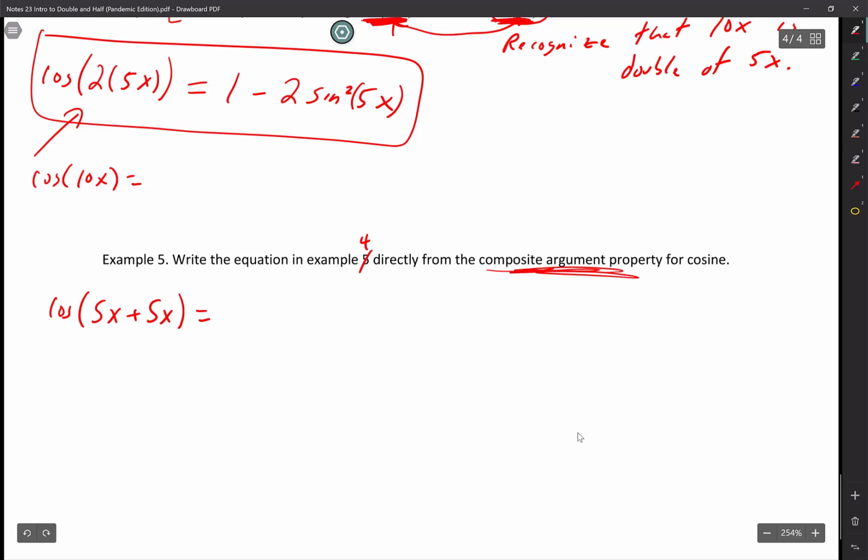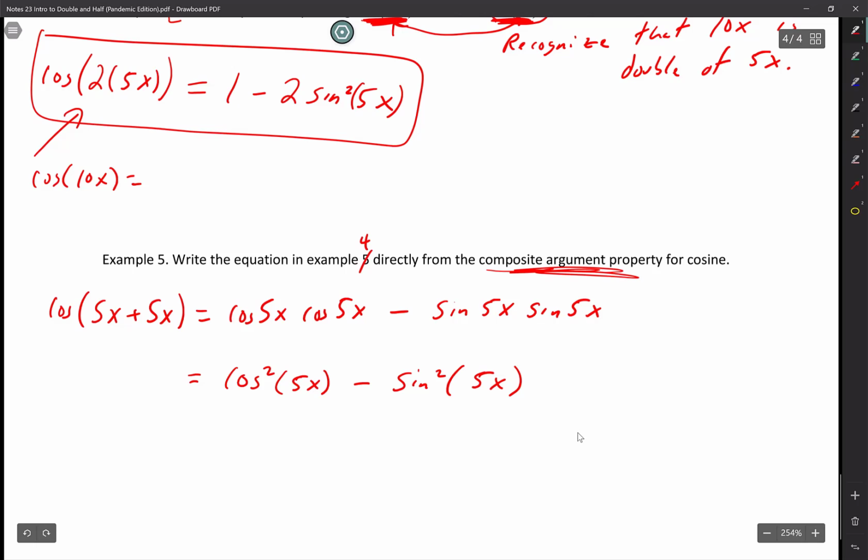And now I'm just going to do, that's like an A, that's like a B. Cosine 5x, cosine 5x, minus sine 5x, sine 5x. If you want to put parentheses on the arguments, that's fine. Cosine times cosine, cosine squared of 5x, minus sine squared of 5x. I don't want to see cosine squared 5x. I just want to see sine squared of 5x. I just want to see sine of 5x.